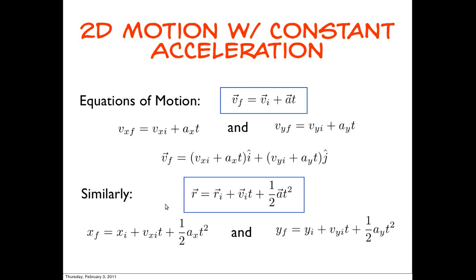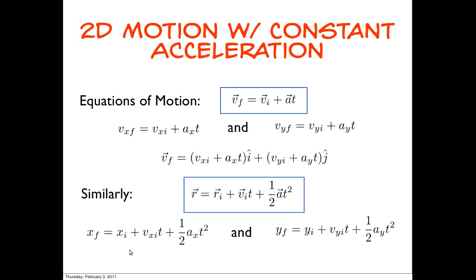The same rules would follow for the position equation of motion. So we have here r is equal to ri plus vit plus 1/2 at squared in its full vector form. However, if we needed to use this equation to solve a problem, we'd have to break it into its x component.